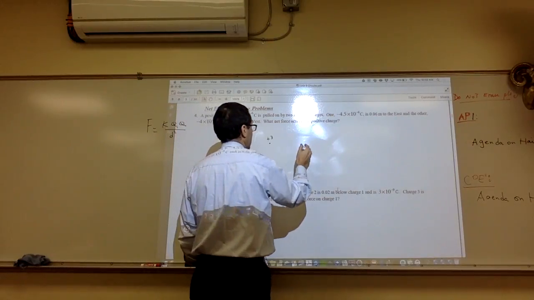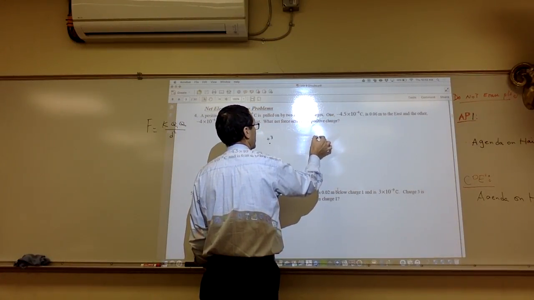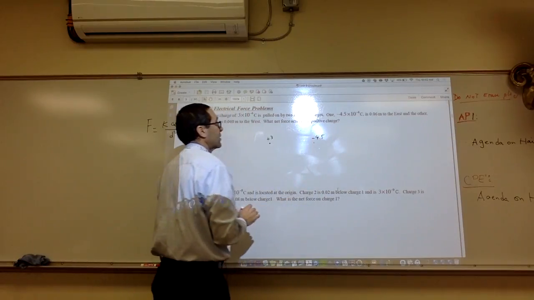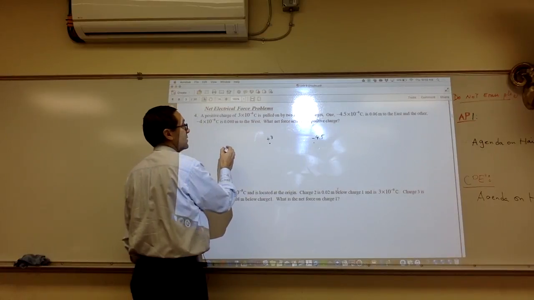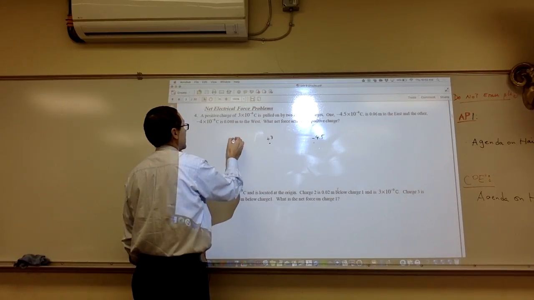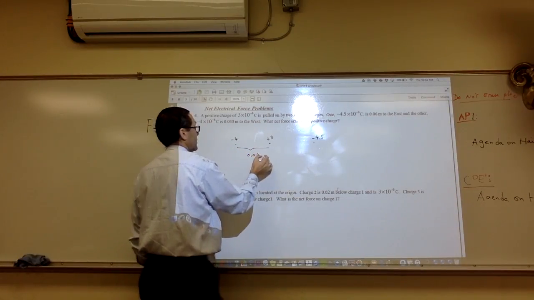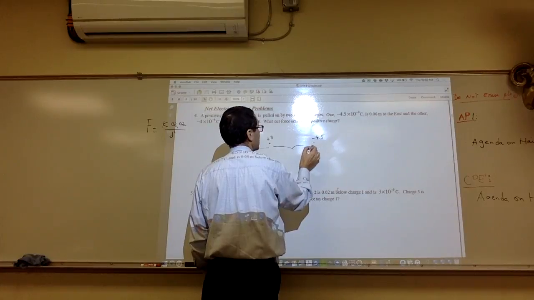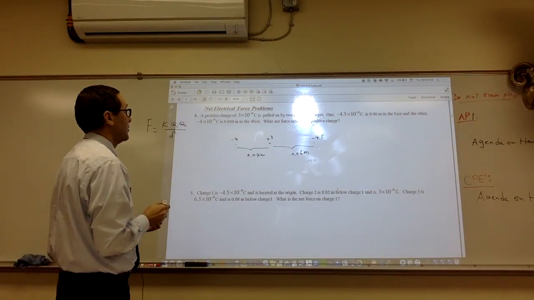We're going to look at right as east. So one of them is here, so that's the -4.5, and the other is to the west, and it's a little bit closer. So this is the -4. This distance here is 0.04 meters. This distance here is 0.06 meters. What is the net force on the positive charge?